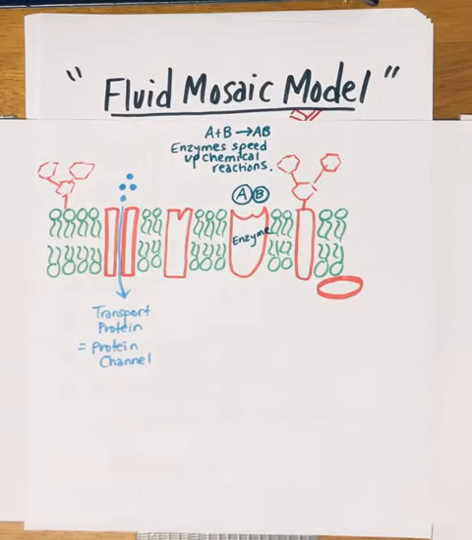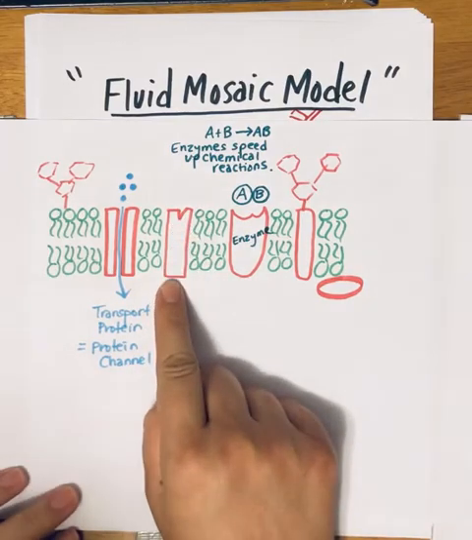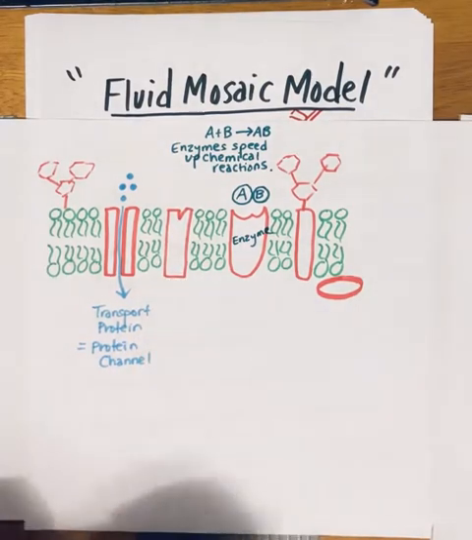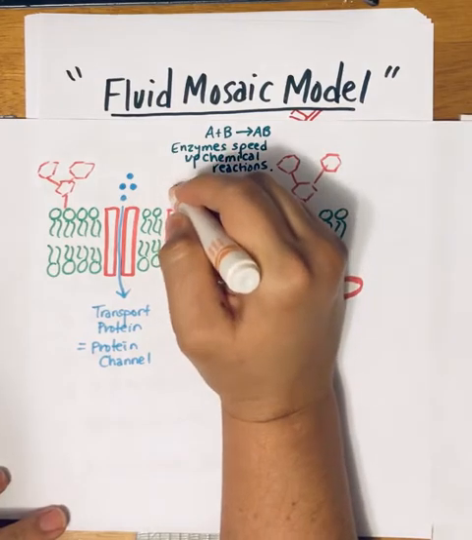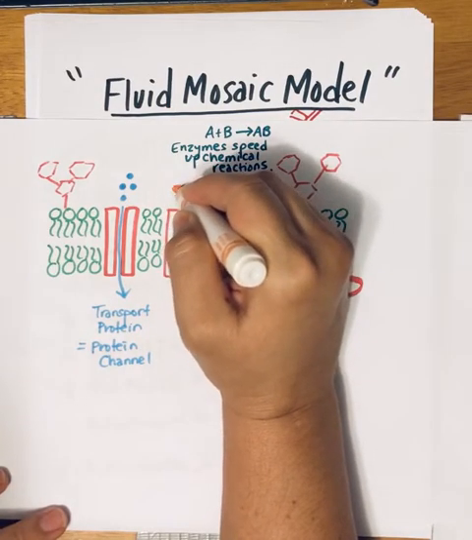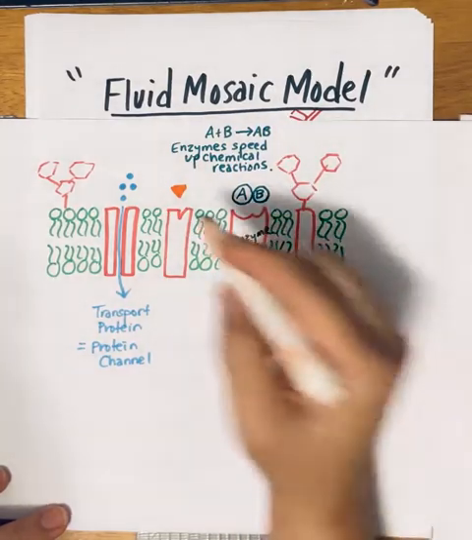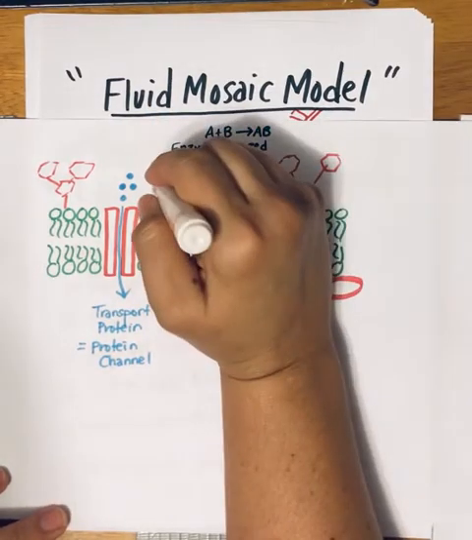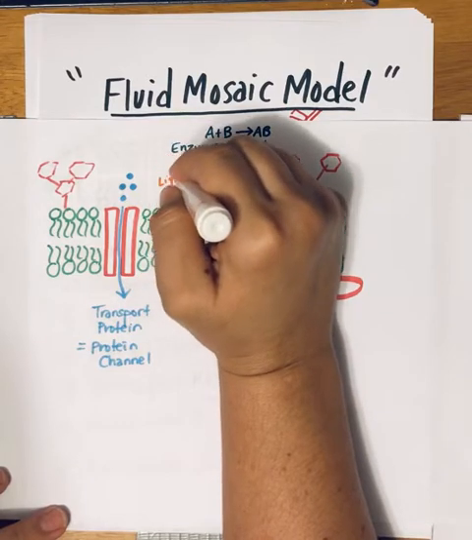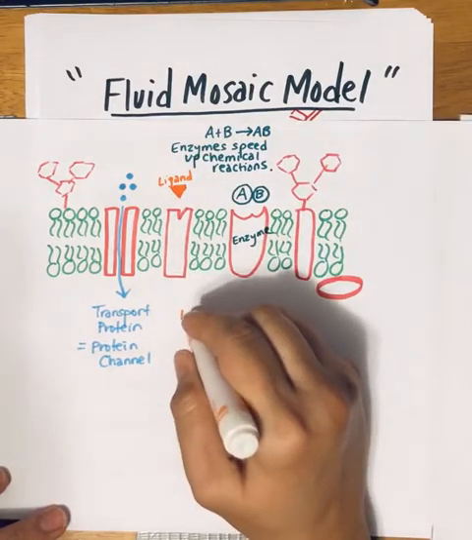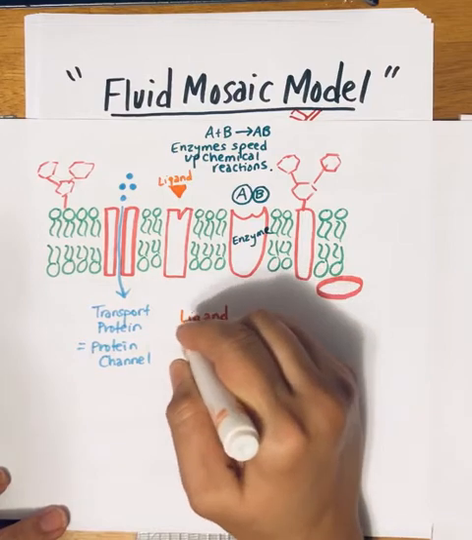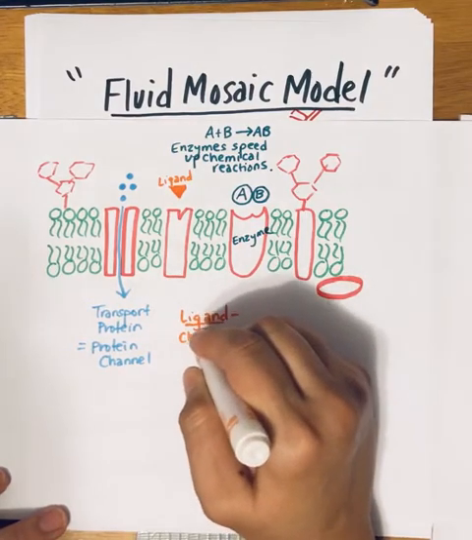Okay, the next one is signal transduction. In anatomy, when we say signal transduction, it has a receptor or a binding site that allows for a chemical messenger to attach. This is going to be this one right here. So in anatomy and physiology, we call the substance that binds to the protein a ligand. So this is a ligand. A ligand is a chemical messenger.